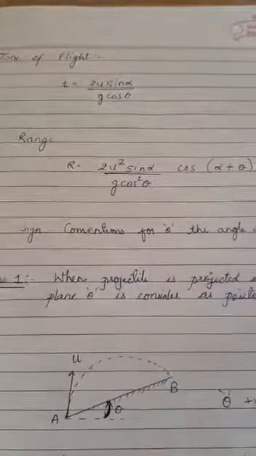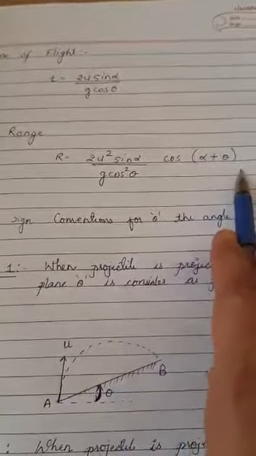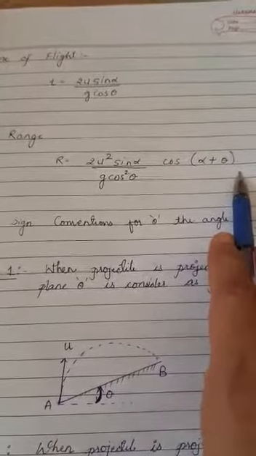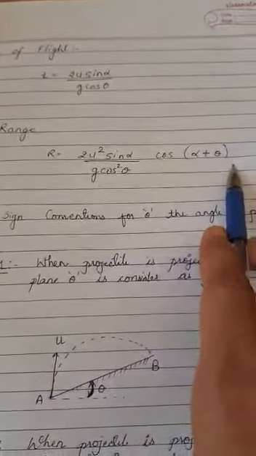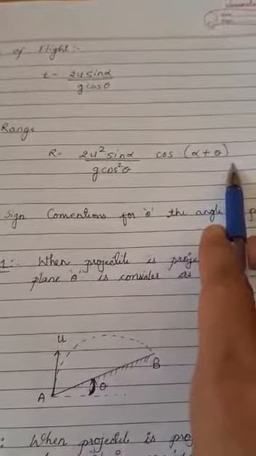Now here the value of alpha remains constant, but the value of theta gets changed according to the plane, according to the projection.